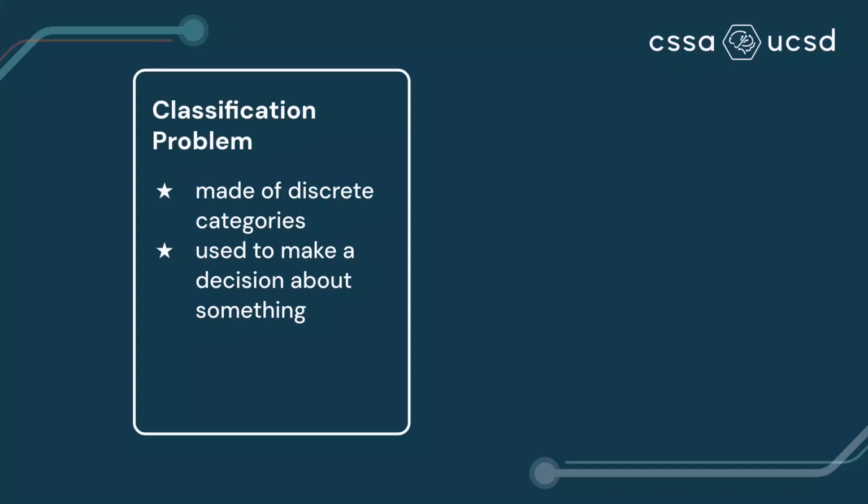Discrete categories describe categories that have a set amount of outcomes. From the example earlier, you can only have 1, 2, 3 siblings, and you can't have 1.5 or 2.4 siblings. And the classification problems and its outcomes are used to make a decision about something. An example is, should I go to lecture or not? The 2 discrete categories would be yes or no.